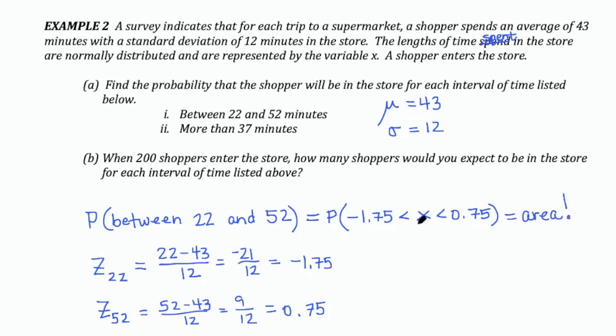And since we want between two values, I'm going to need to find the area for each z-score and then subtract them. I'm going to skip jumping to the table and looking them up because you should be able to do that. When we look up -1.75, we get an area of 0.0401. And when we look up 0.75, we get 0.7734.